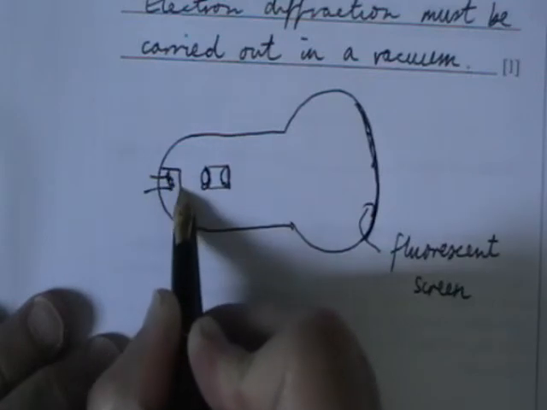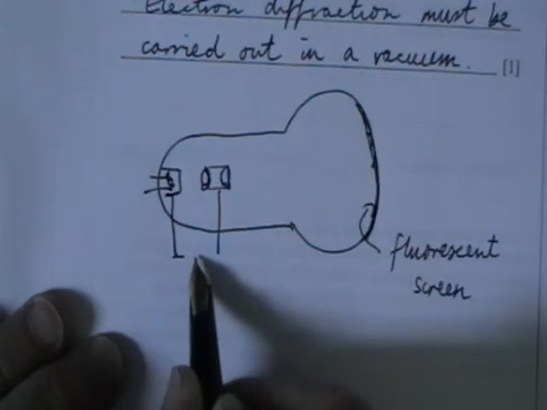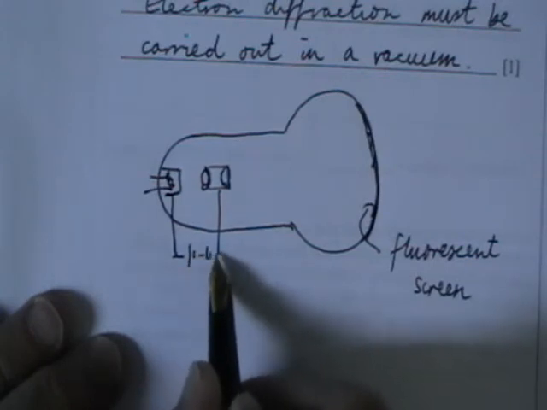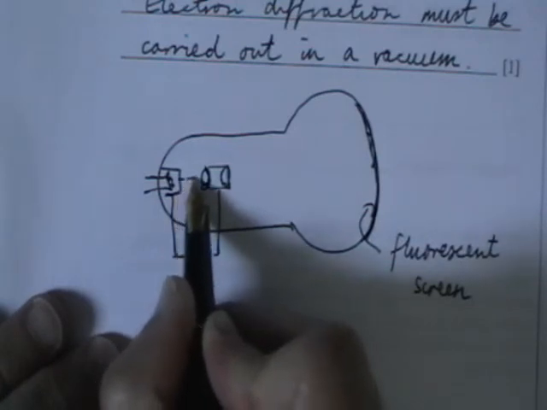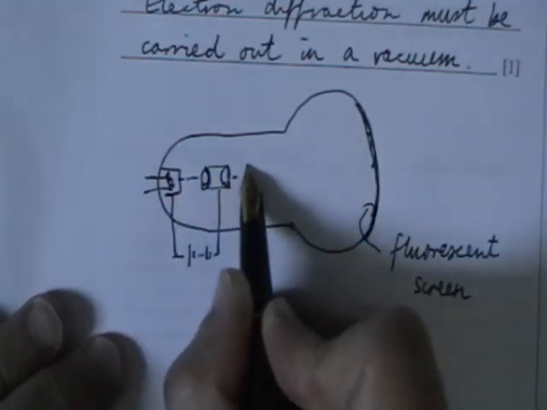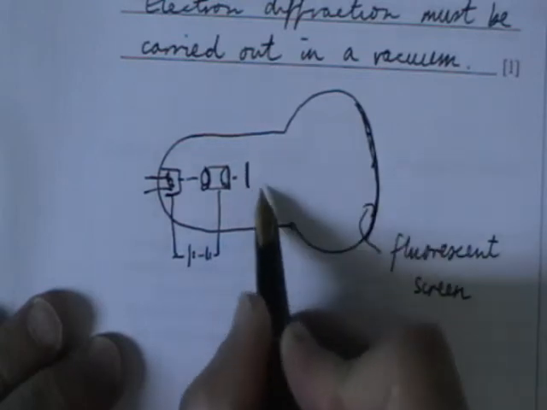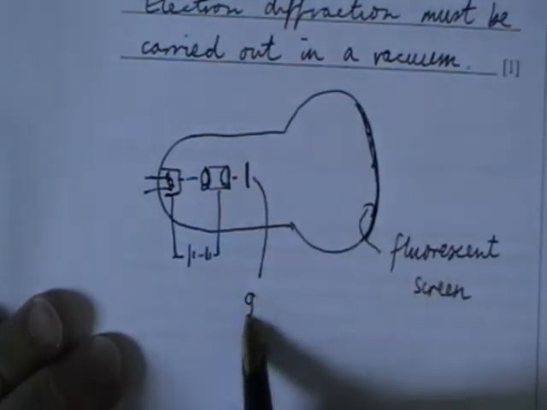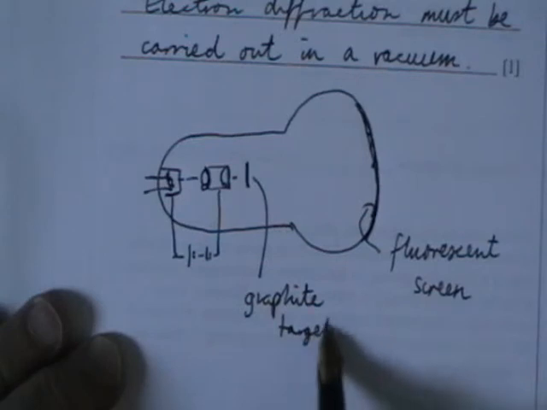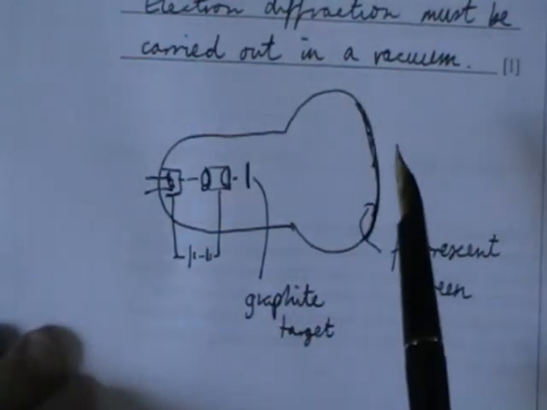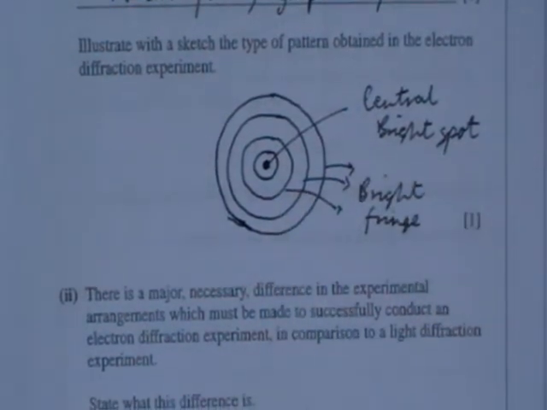So we have our cathode and anode. We apply a high potential difference between these. Electrons are produced. The electrons then accelerate through here, and then they hit the graphite target here. Okay, so that would be our graphite target. And on this screen here we produce a typical diffraction pattern, which is a series of bright and dark concentric circles.